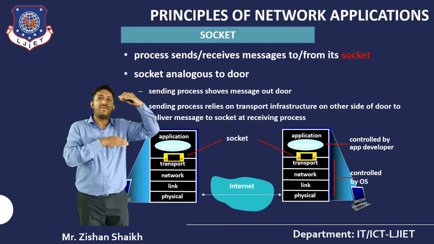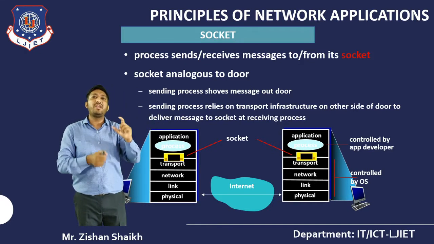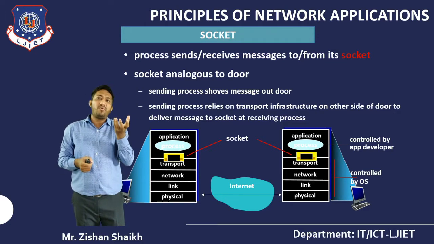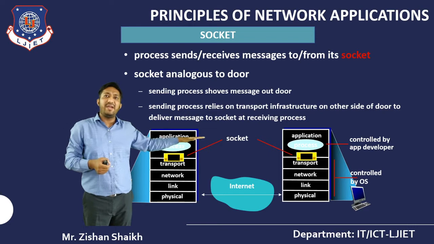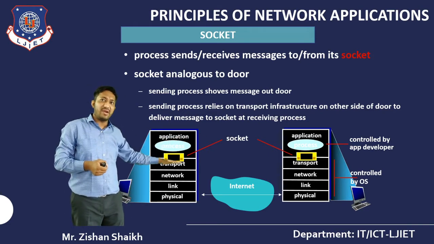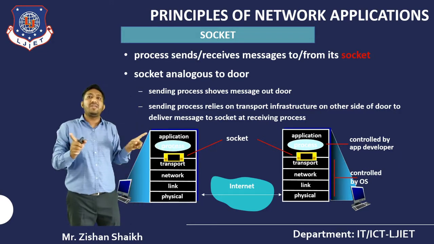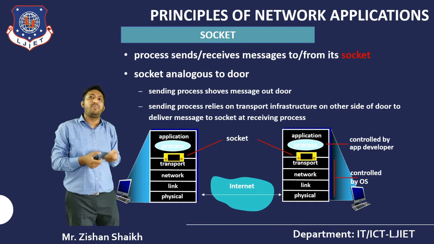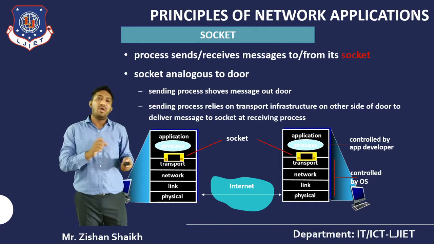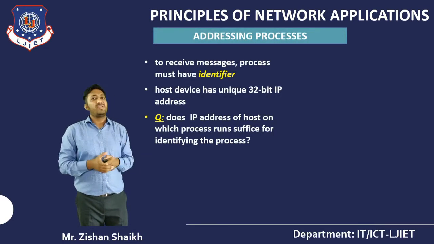We know that after the application layer, the transport layer is available. So socket implementation is at the transport layer, at the border between the application and transport layers. The socket provides the endpoint for each and every request to come inside and go outside.